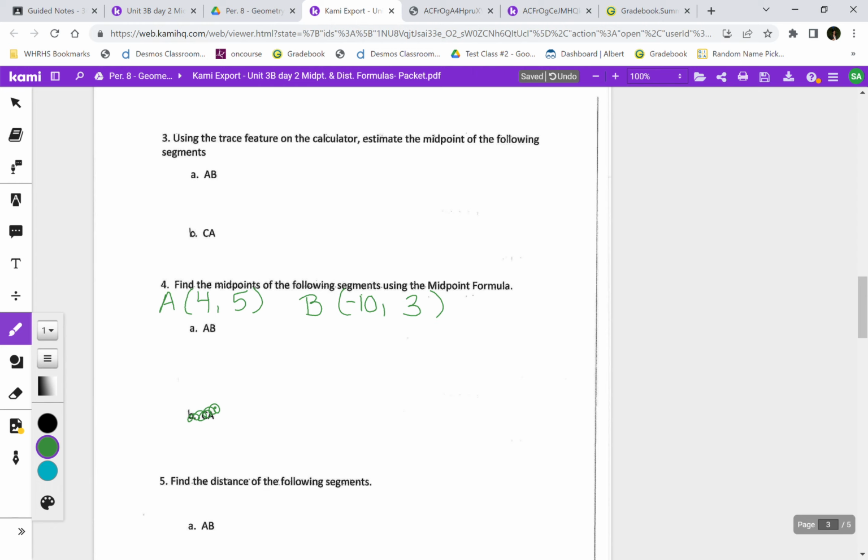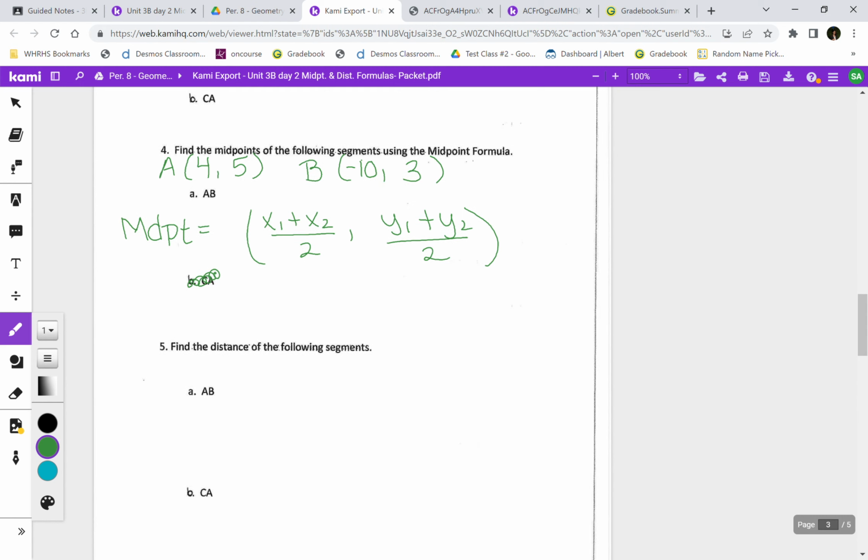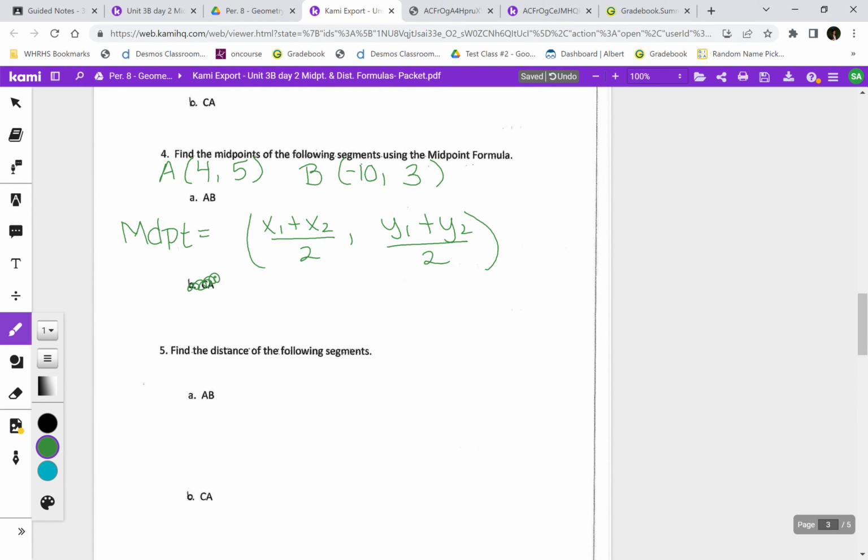How are we going to find the midpoint? We're going to use the midpoint formula. So the midpoint is going to be x1 plus x2 divided by 2, y1 plus y2 divided by 2. I'm going to call A x1, y1. I'm going to call B x2, y2.